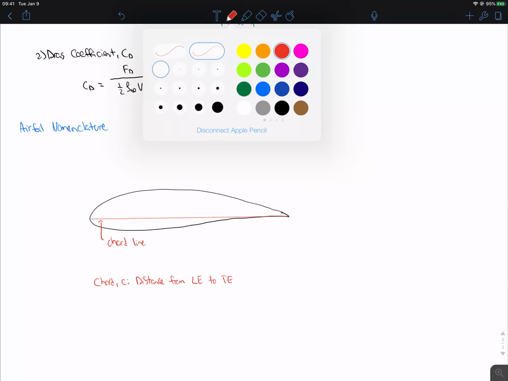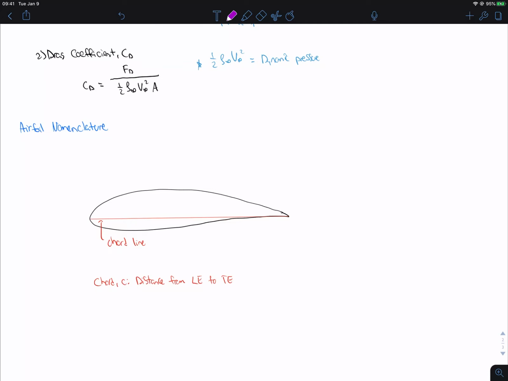Okay, so now let's talk about the camber line. Pretend that I drew this correctly here. The camber line is going to be the locus of points between the upper and lower surfaces of the airfoil.